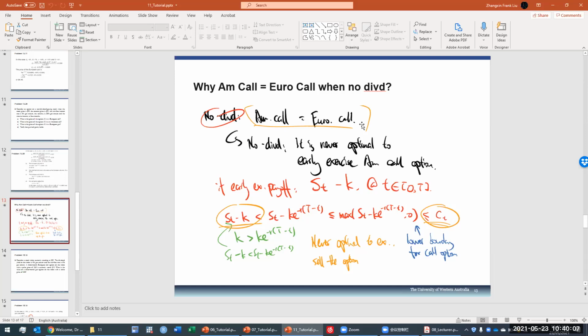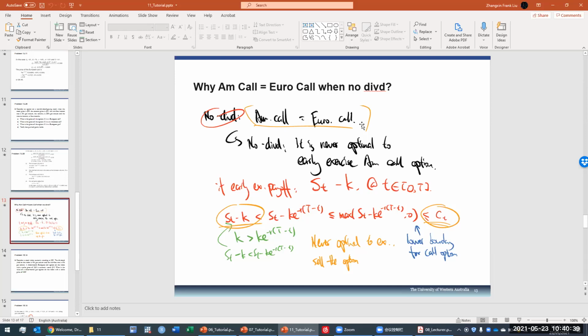If you early exercise, the payoff you get is ST minus K, right? It could be 0, it could be negative, but we assume it's positive right now. If you early exercise it, you get ST minus K, that's why you want to exercise it, at any time t between 0 and maturity T. Now ST minus K is less than ST minus Ke^(-r(T-t)).